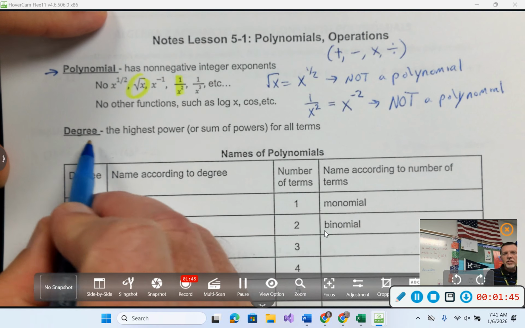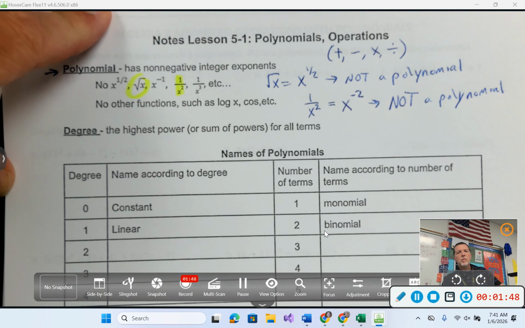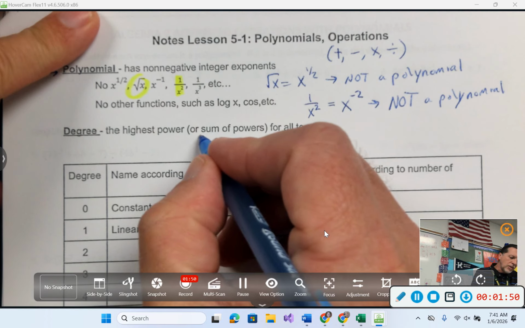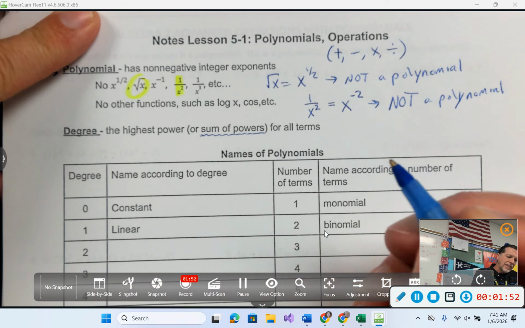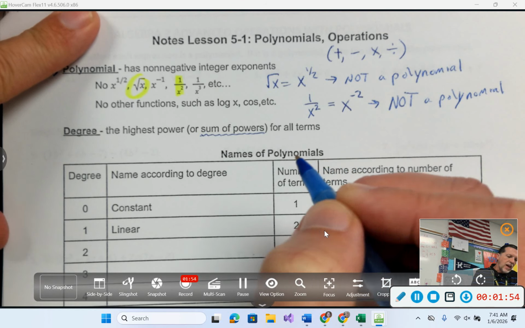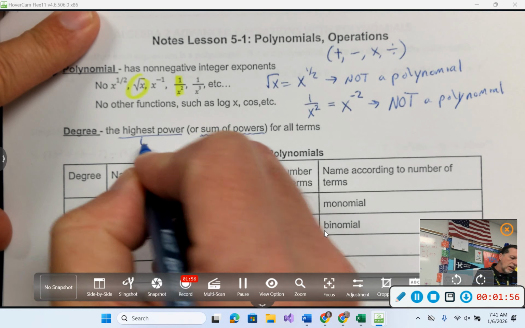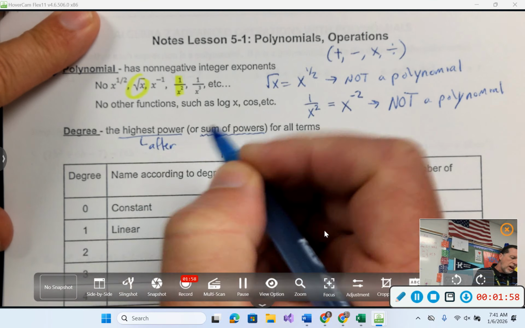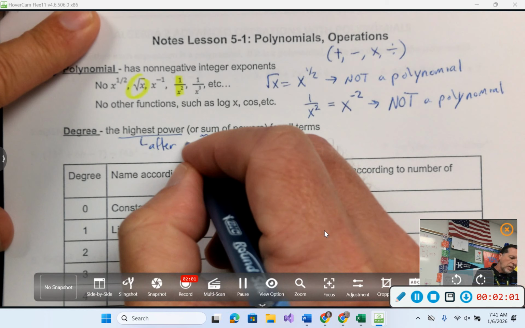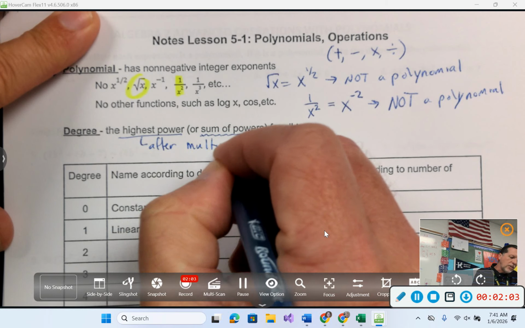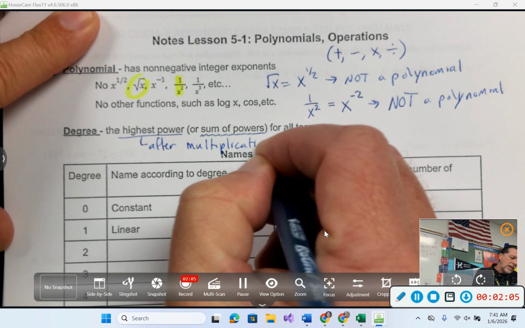Degree, I think you know this term, is the highest power for all the terms. Be careful with sum of powers. I don't like that. It's the highest power after multiplication. Maybe that's a better way to say that.